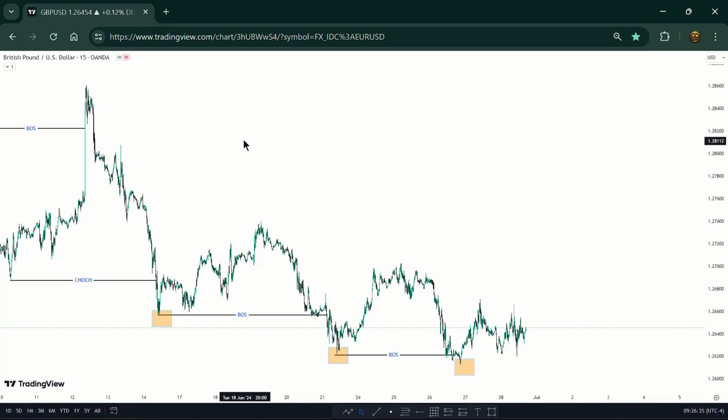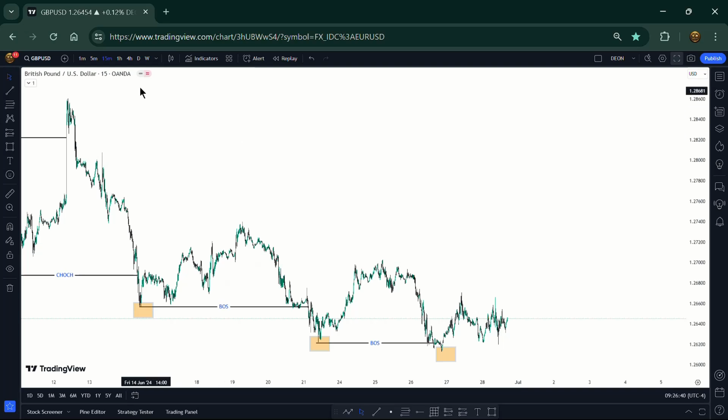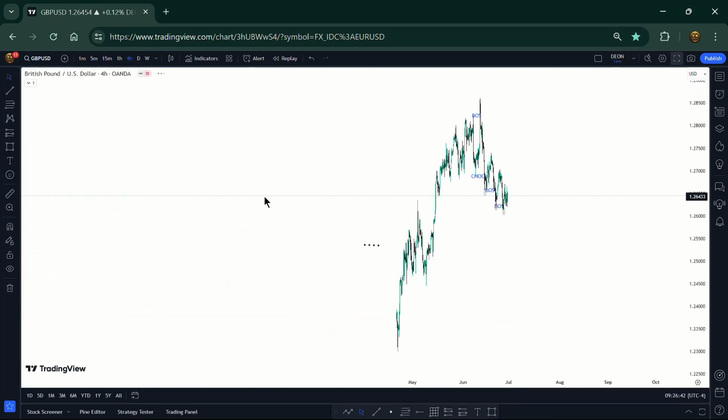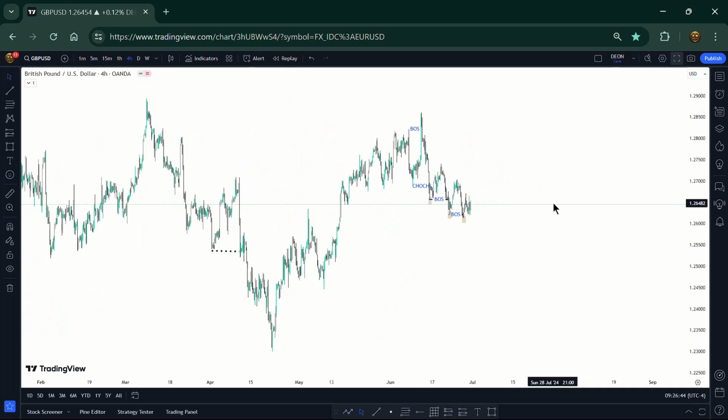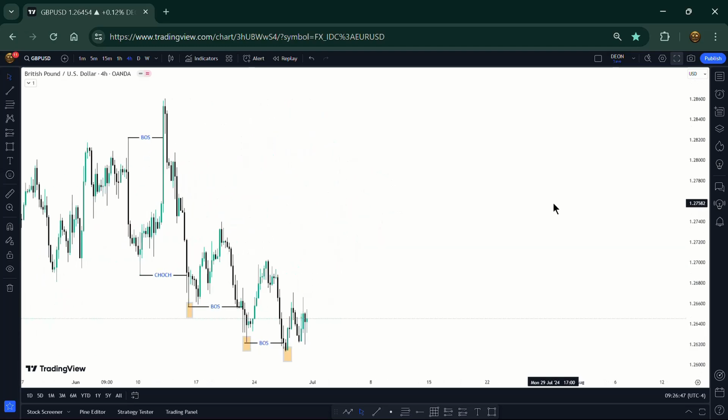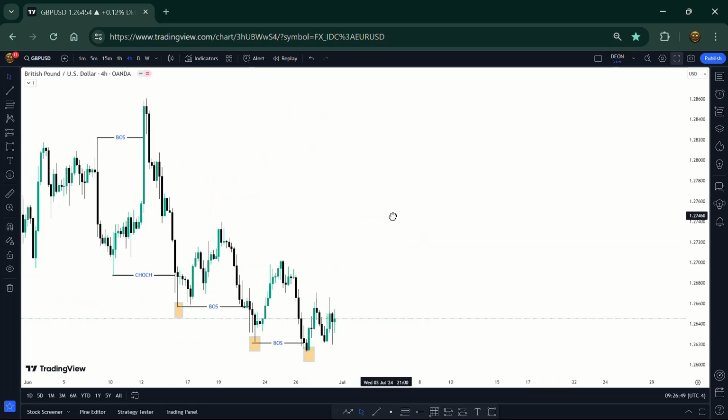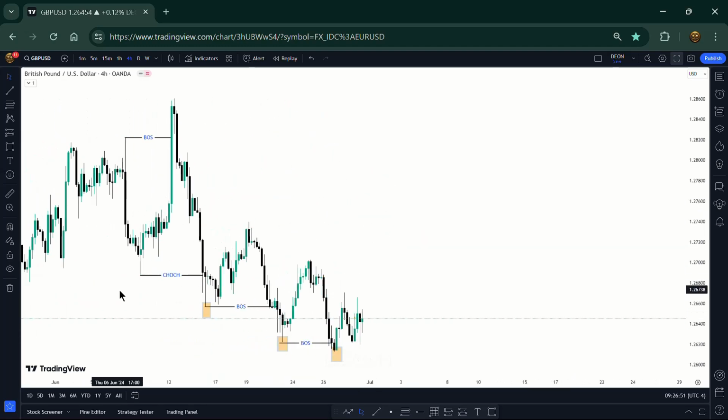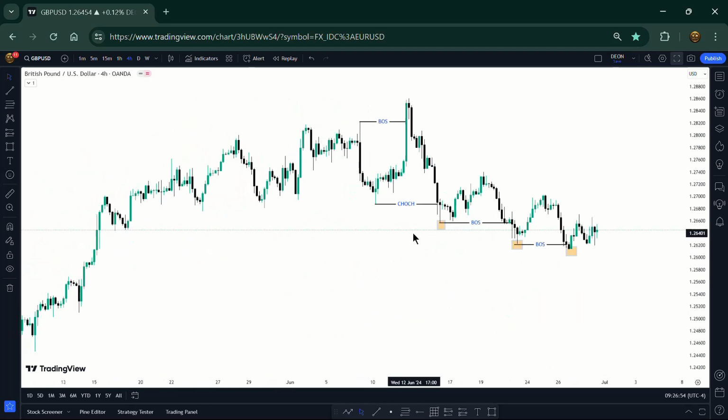Okay. So when you go down, I'll start with the 4 hour chart, just in case. So these are the points that we are concentrating on. When you go all the way back here, you can see where the market was reacting. I said you don't even necessarily need an unmitigated order block.